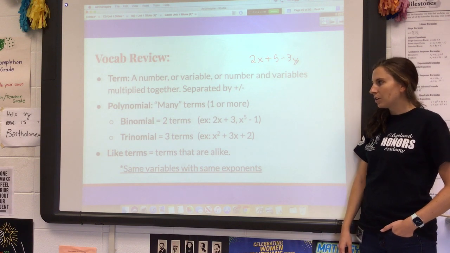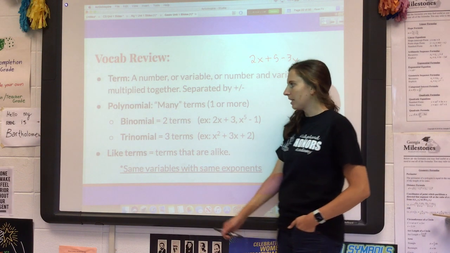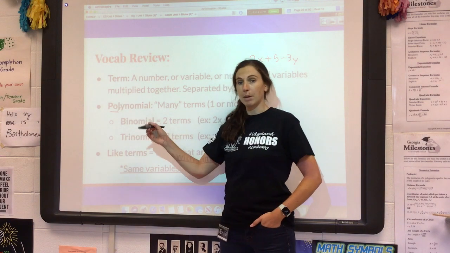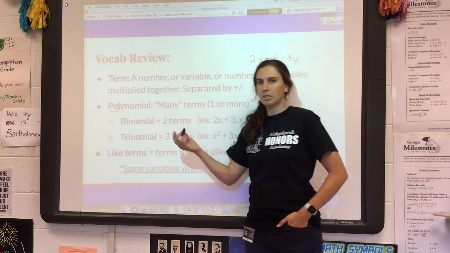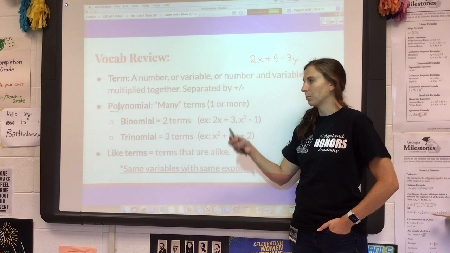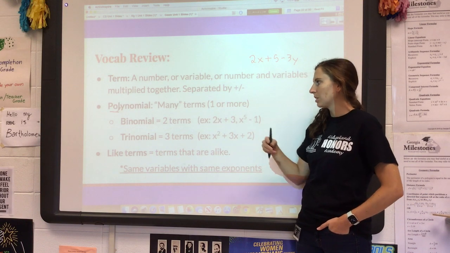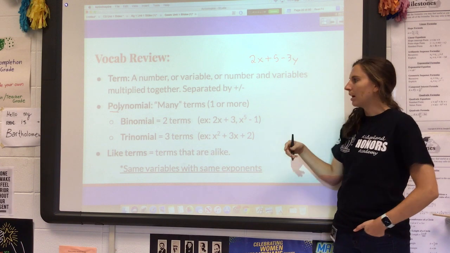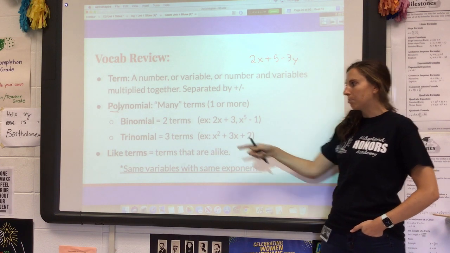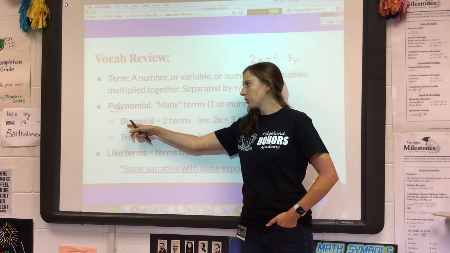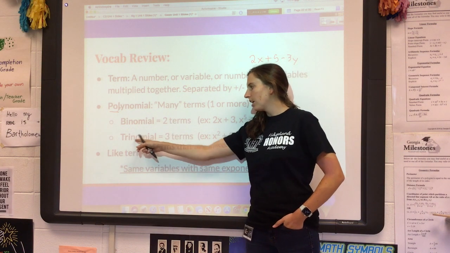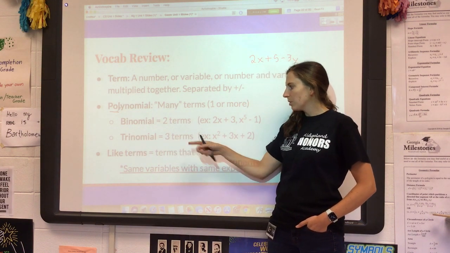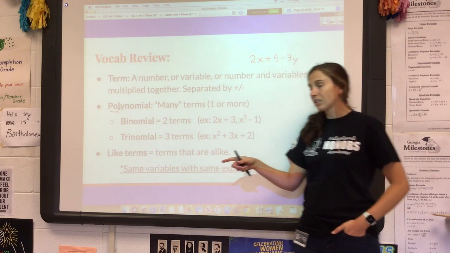A polynomial literally means, the prefix poly means many, and nomial means number, in this case term. So it literally means many terms. A polynomial really just means one or more, which is kind of lame, but a polynomial includes binomials, which is bi is 2, so 2 terms, trinomials, which are 3 terms, and then here's some examples.